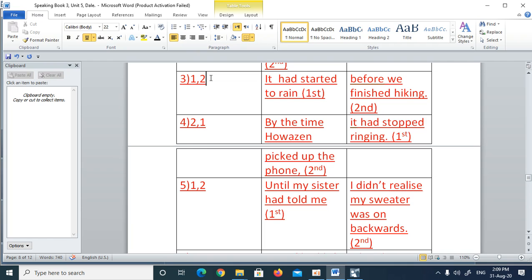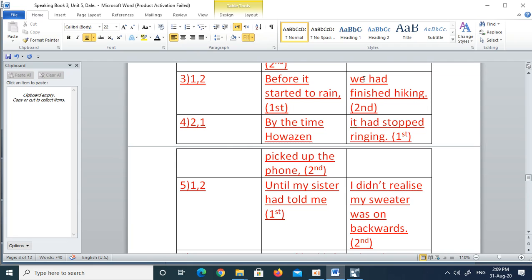You could say, before it started to rain, we had finished hiking also.